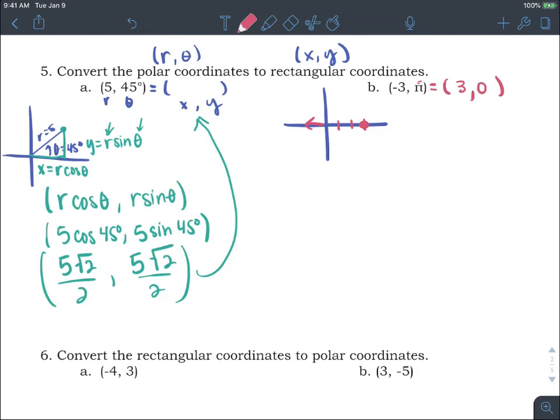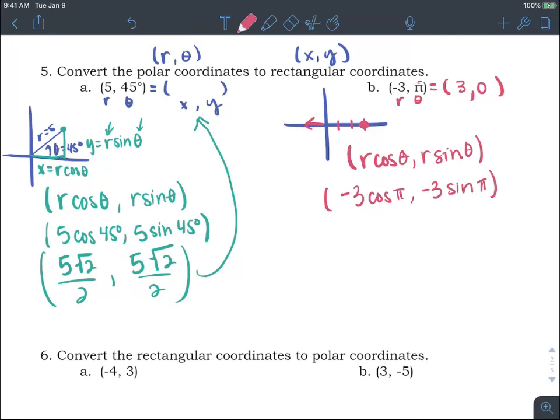So let's go ahead and calculate this out. I can use my r and my theta. So r cosine theta, comma r sine theta. So I get -3 times the cosine of pi and -3 times the sine of pi.